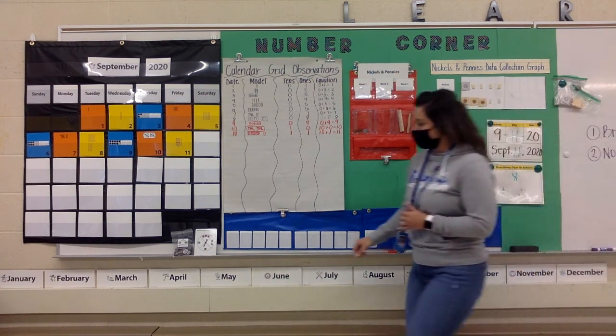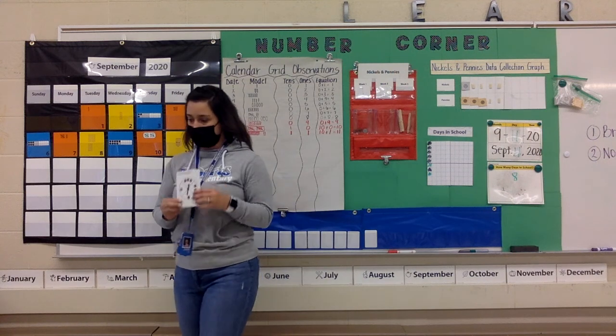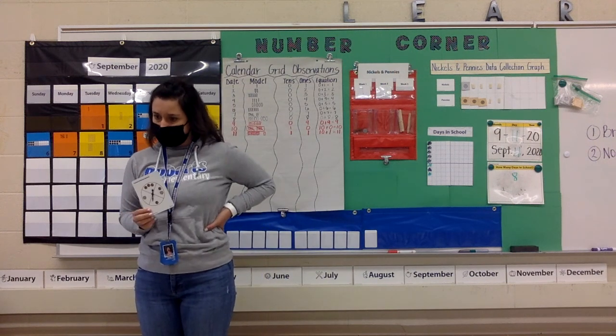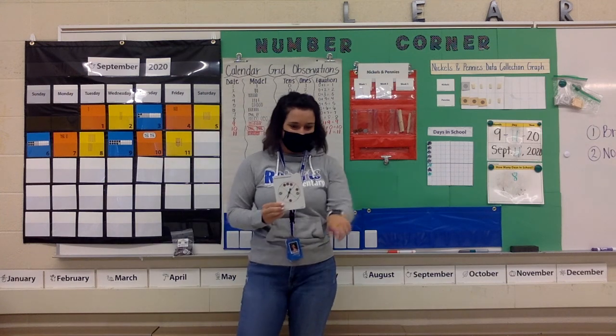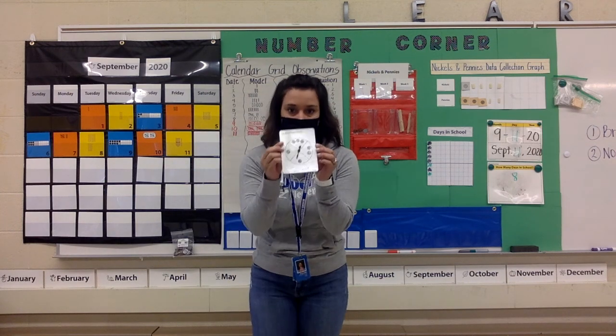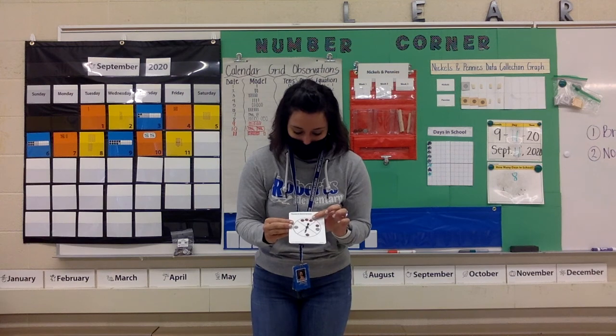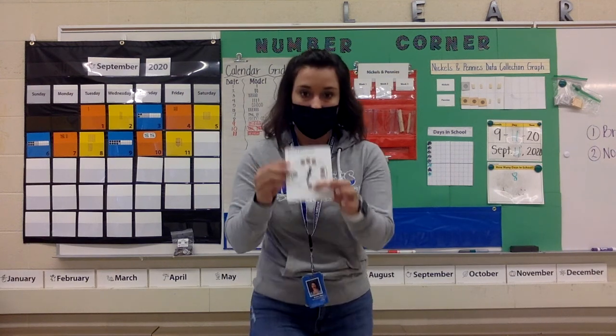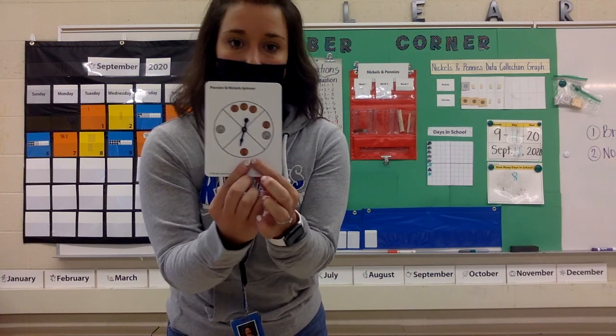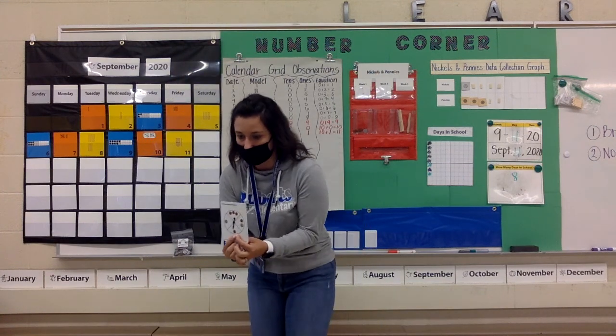Let's spin our spinner. What's on the spinner again? Just some coins? A quarter. Raise your hand. There's penny and nickel. There's pennies. Point to the pennies for me. Pennies are right here. And our nickels. What color are our nickels?